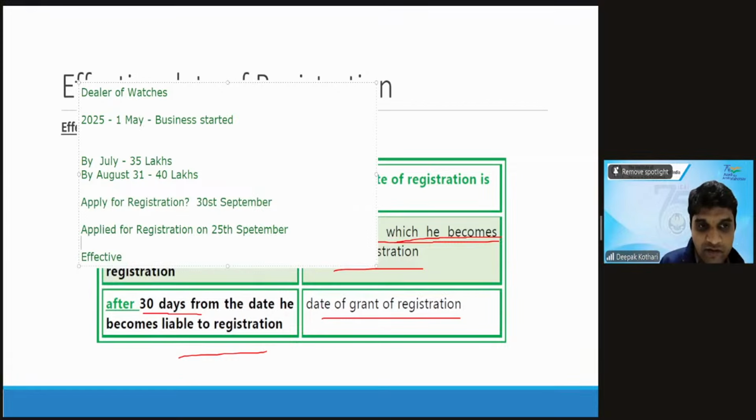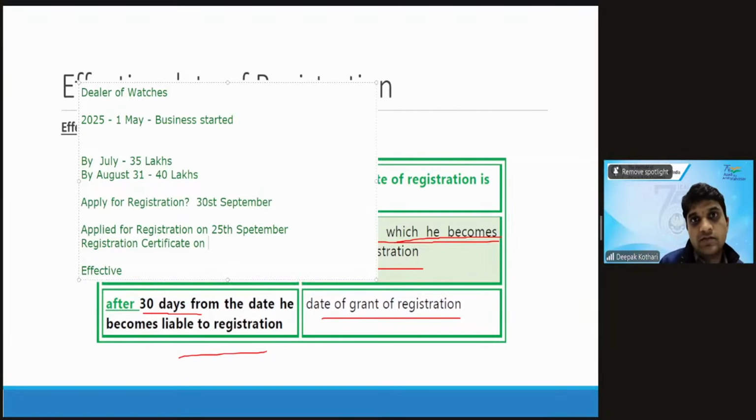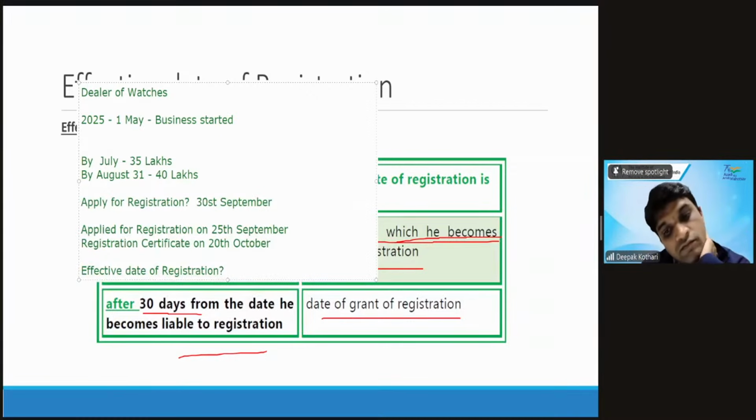Applied for registration on 25th September, but I got the registration certificate on 20th of October. What is my effective date of registration? Twentieth October?